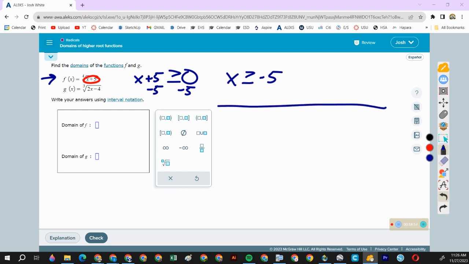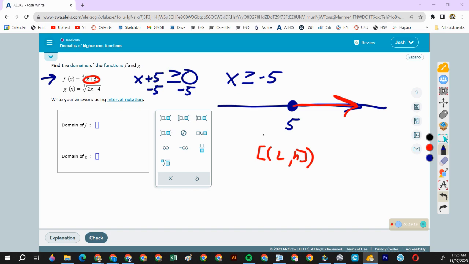So if I were to graph this, it would be a closed circle at negative 5, and we would shade to the right. Okay? In interval notation, it's always bracket or parentheses, low, comma, either bracket or parentheses, high.